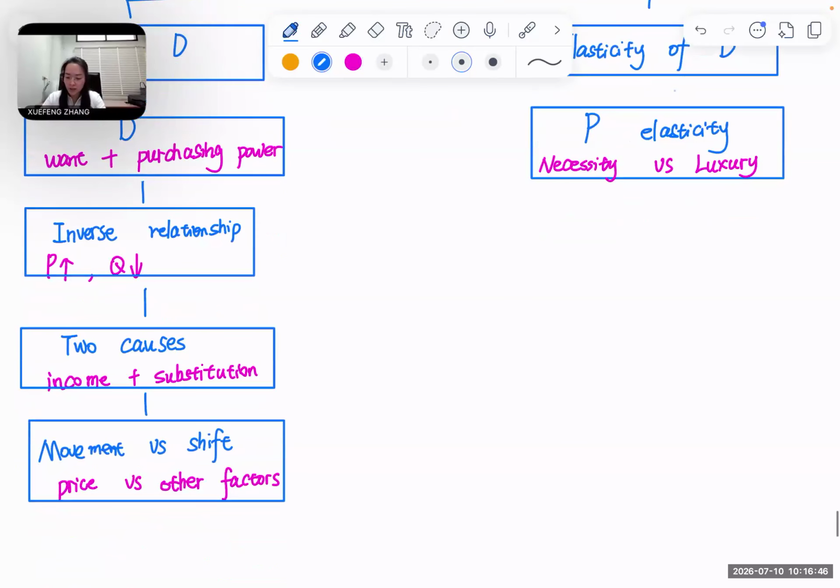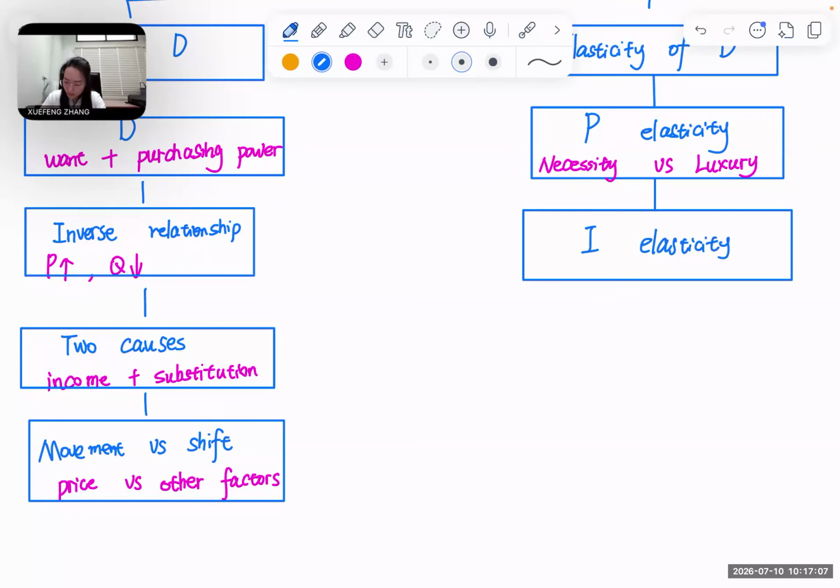Okay, next one. What is the second type of elasticity? Income elasticity, right? And we can distinguish normal good versus inferior good.